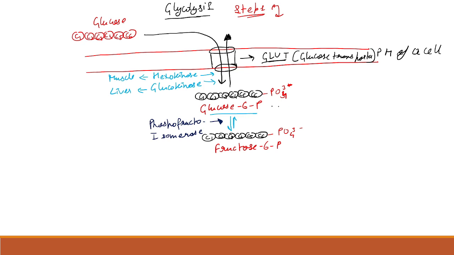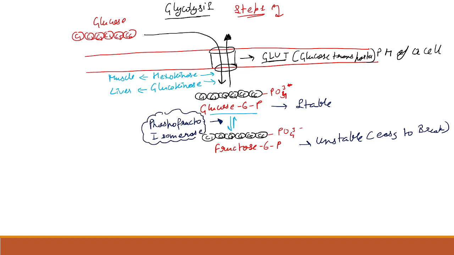Because glucose 6-phosphate is a stable compound, more stable than fructose 6-phosphate, and fructose 6-phosphate is somewhat unstable. So fructose 6-phosphate is easy to break. Therefore we convert this molecule into fructose 6-phosphate, and the enzyme involved in this is phosphoglucoisomerase.